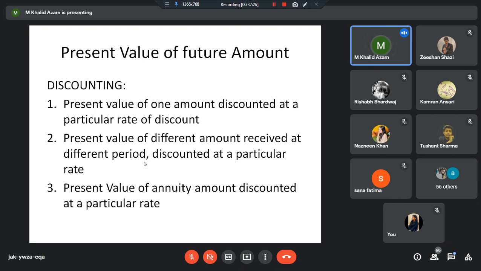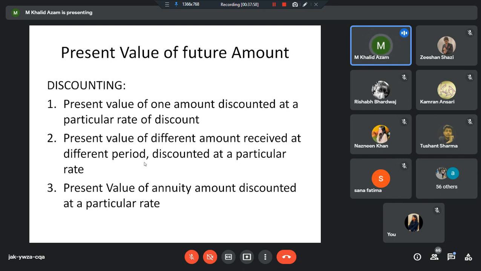We are understanding. Then in that case, what you have to do? You will have to calculate the present value of the different amounts received at different periods, discounted by a particular rate. So for the different years, the calculations will be made accordingly. You are getting after 3 years, the discounting of that amount will be for 3 years. You are getting after 2 years, the discounting will be for 2 years.